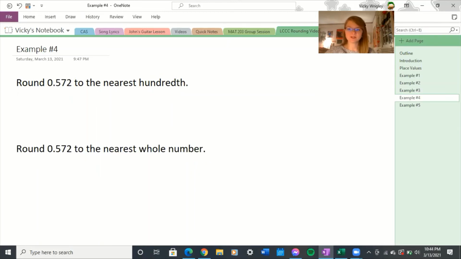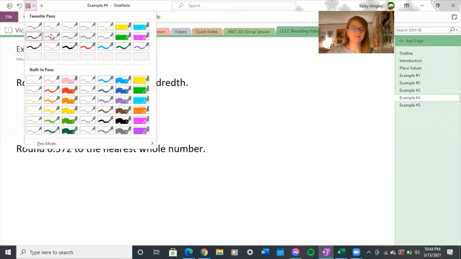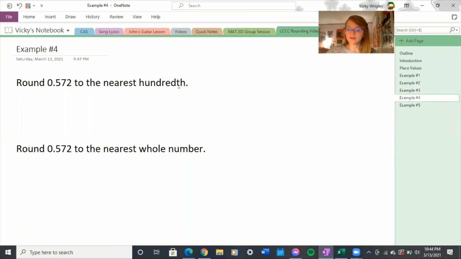Let's do some decimal examples. We're rounding this guy to the nearest hundredth. Hundredth, the TH there, tells me that that's a decimal place that I'm rounding to. This is the tenths. Hundredths here. So this is the place we're evaluating.